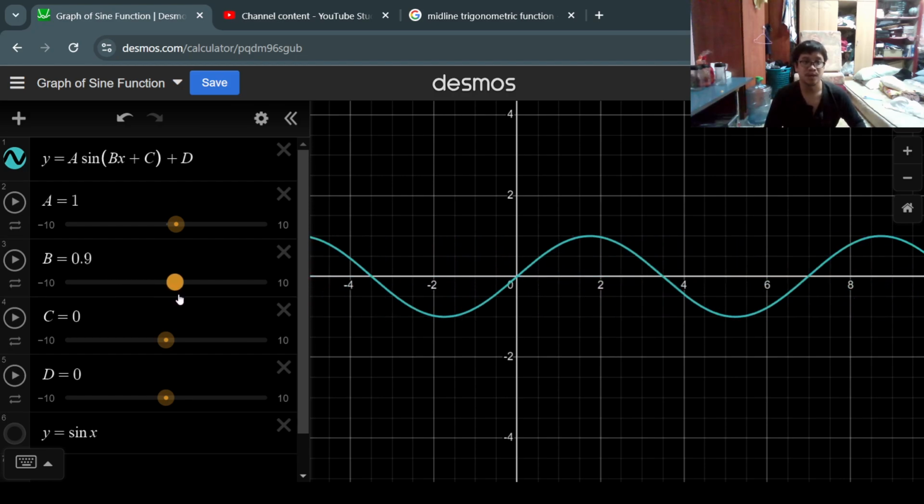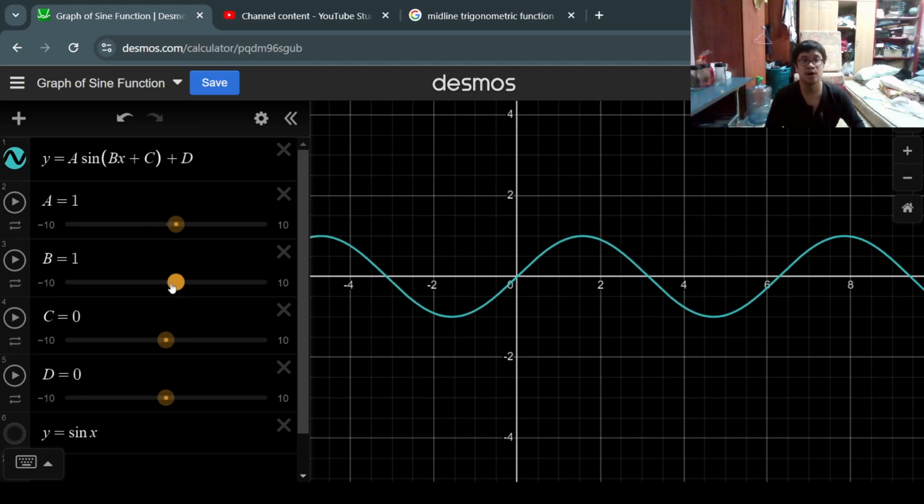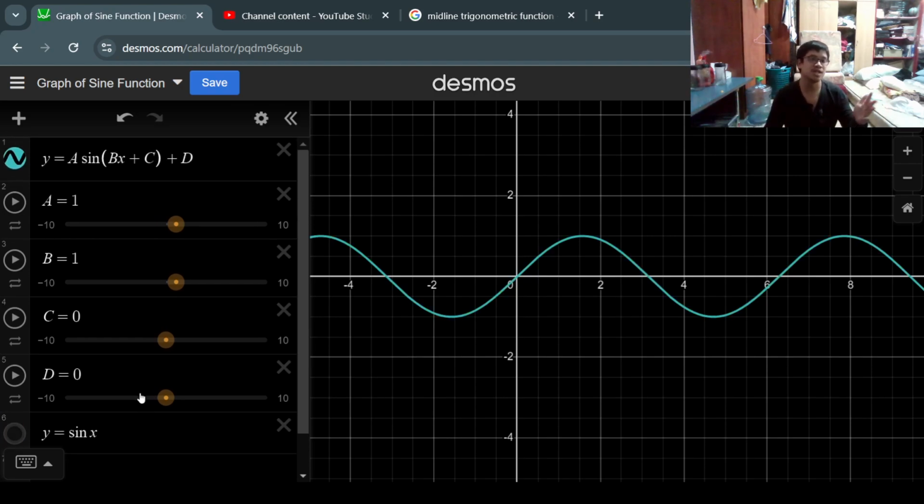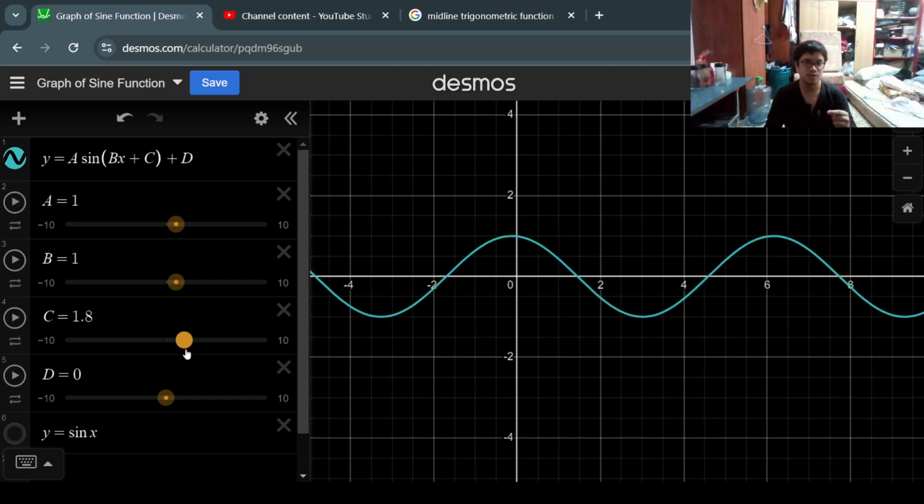Now let's go to the C. All right, C is just basically a partner for BX. Now assume that your A is 1, your B is 1, so what will be your C? If your C is 0, then it's just the same as the original function, right? But how about we increase it? We increase the value of C, so we will have this. Now take a look.